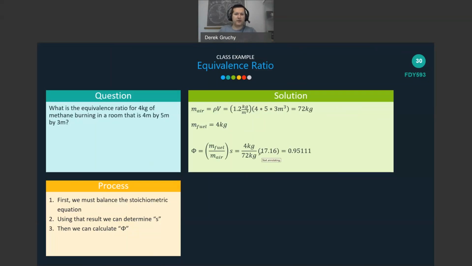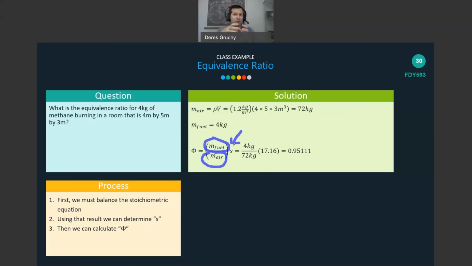And the equivalence ratio then is just the mass of fuel divided by the mass of air, and then we multiply that by the stoichiometric ratio that we just looked at. So we know we actually have 4 kilograms of fuel, and we're dividing it by the 72 kilograms of air that we actually have.